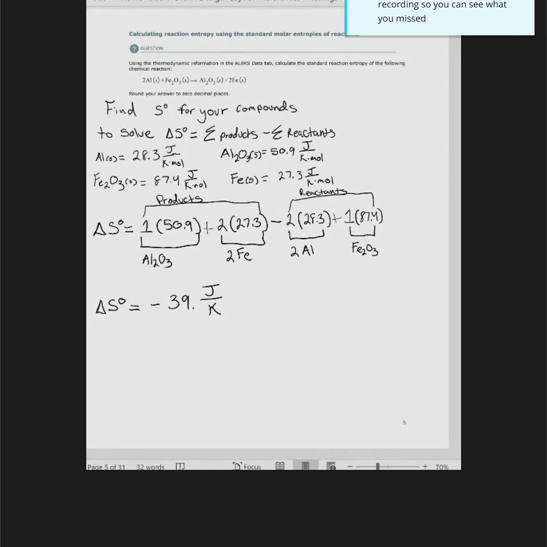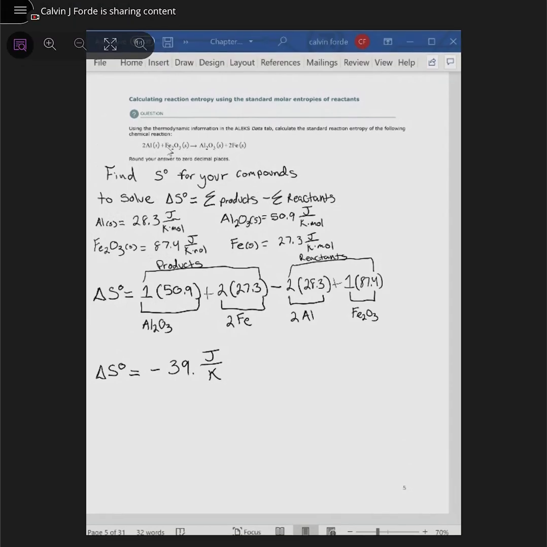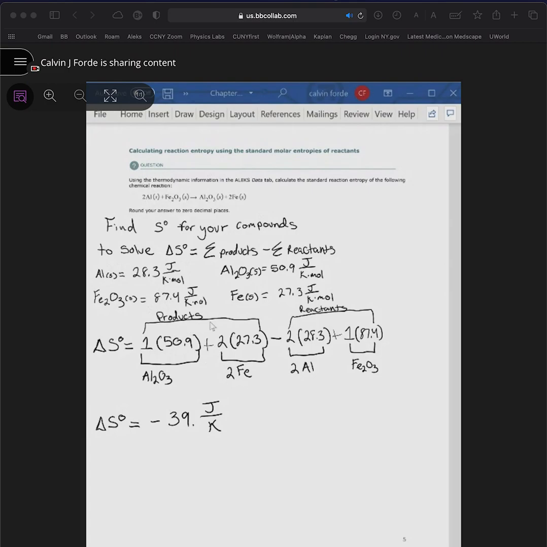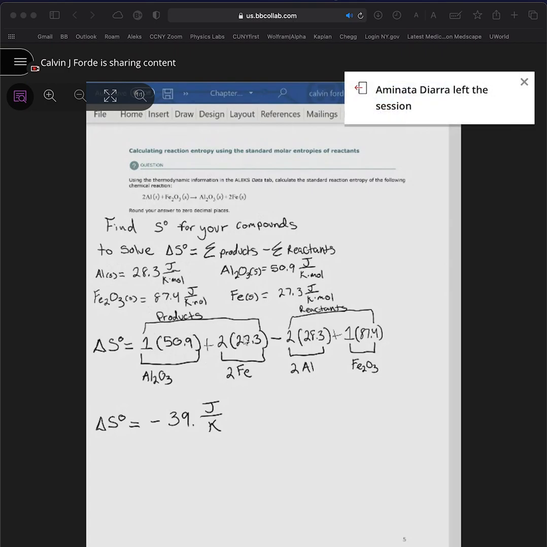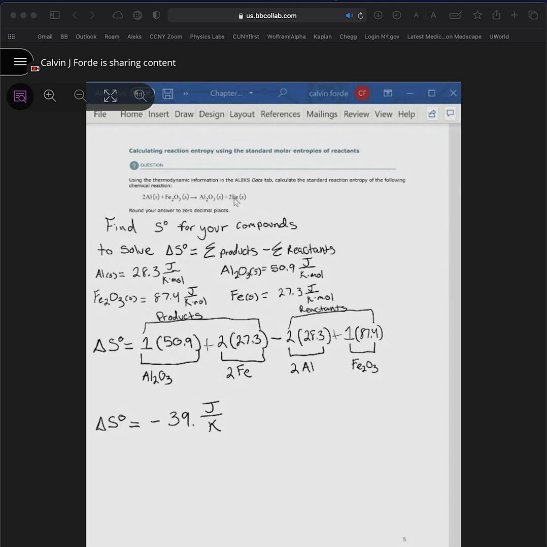All right. So, go into Alex, look at the values for the delta S, which are shown here. And then all you do is say, my product side minus my reactant side, right? So these are my products. Make sure the coefficient from the equation is in front, right?